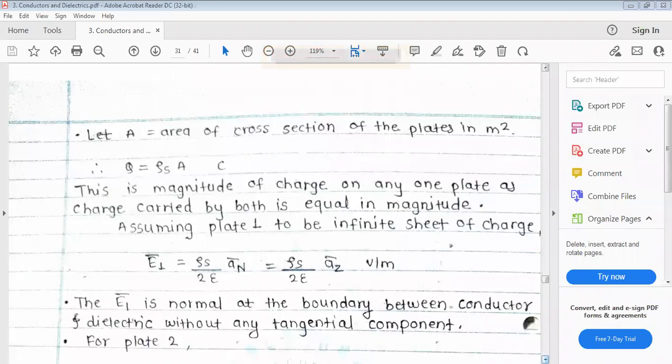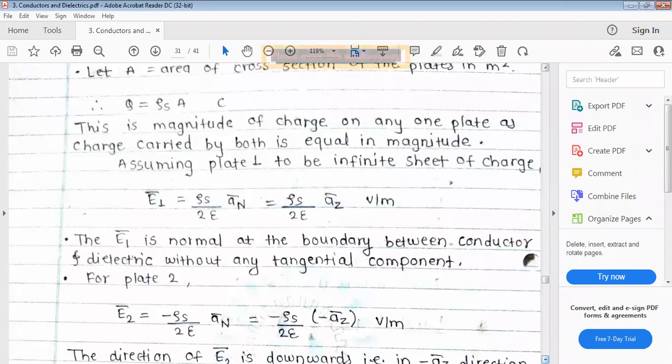Now for plate 1, remember, this E1 bar is perpendicular to the conductor and dielectric material.